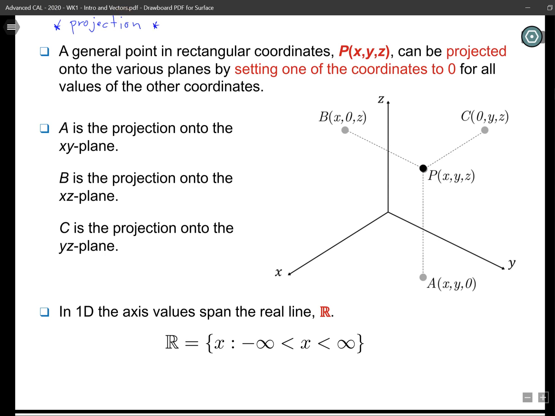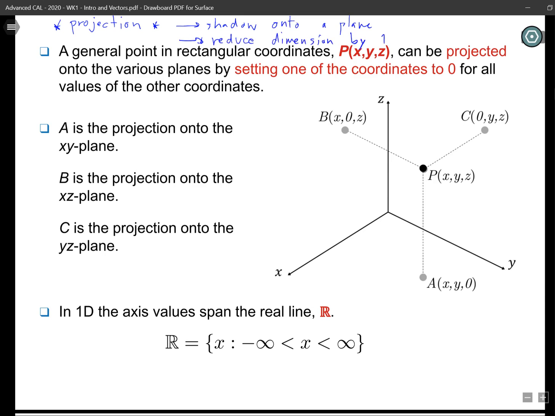So when you think of projection, I want to associate this word with shadow onto a plane. And next one, reduce dimension by 1.